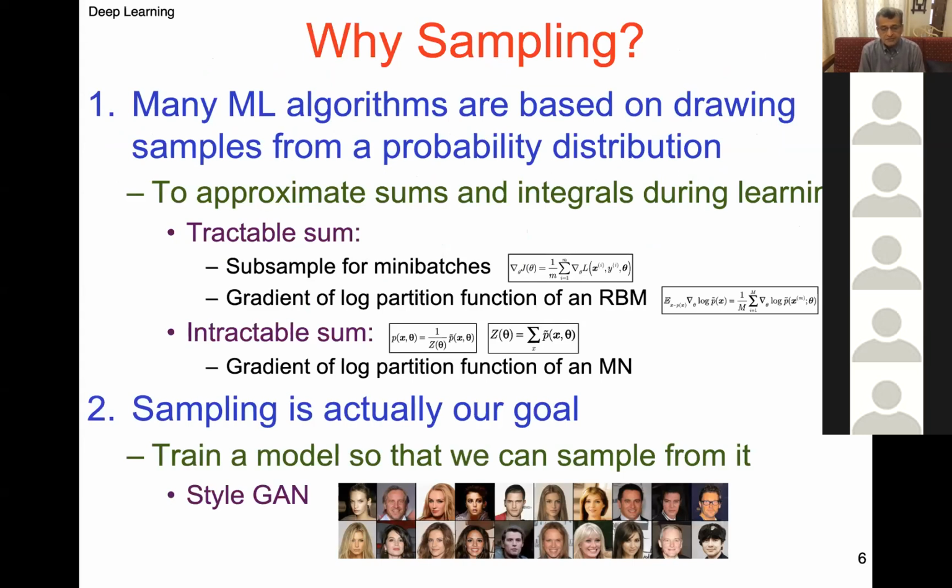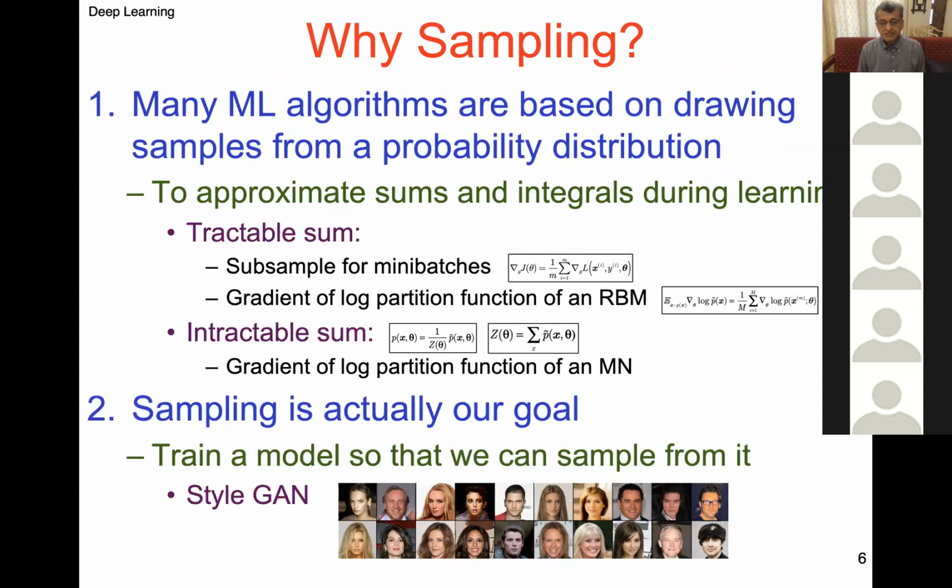All right, again, the question: why sampling? Many machine learning algorithms are based on drawing samples from a probability distribution. So we're saying we've got all of these distributions determined; we saw how this was possible. Like in unsupervised learning, a restricted Boltzmann machine captures a probability distribution, and we need to approximate sums and algorithms during learning. It could be a tractable sum, subsample for mini batches.